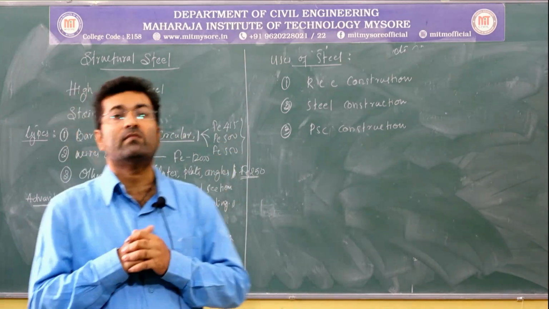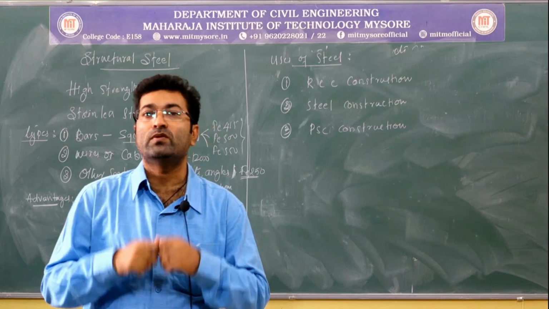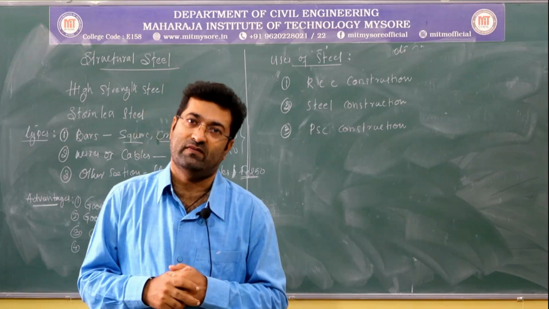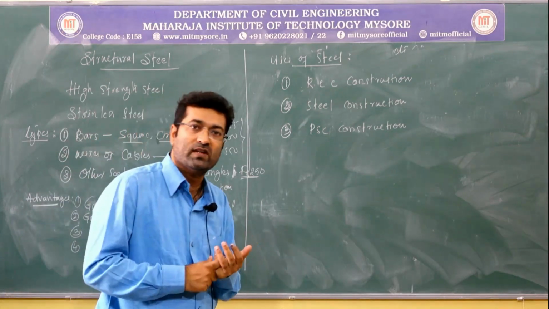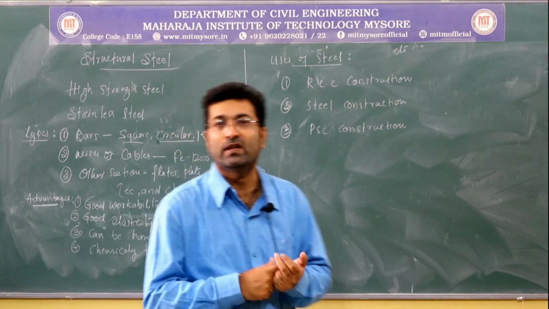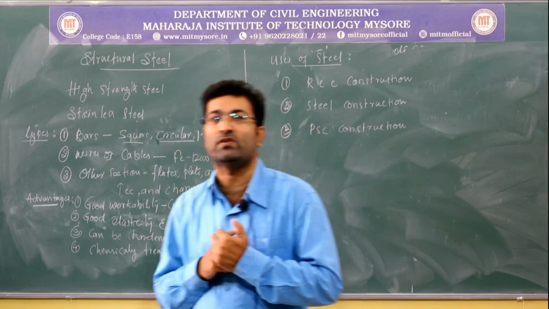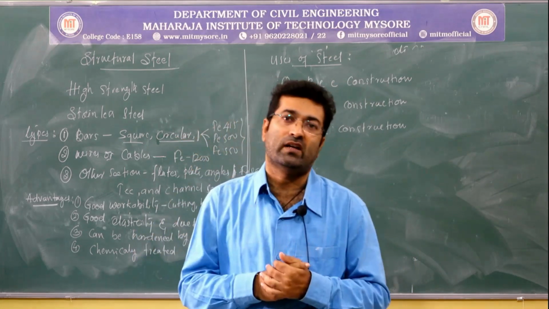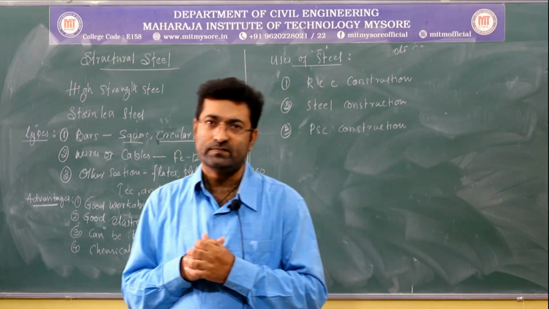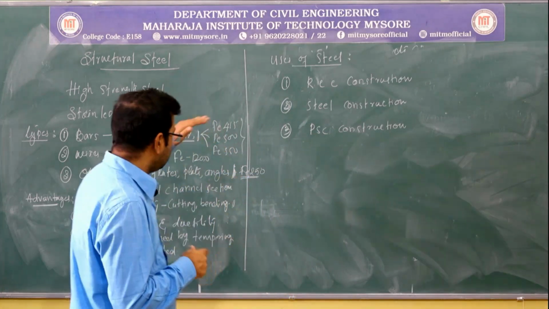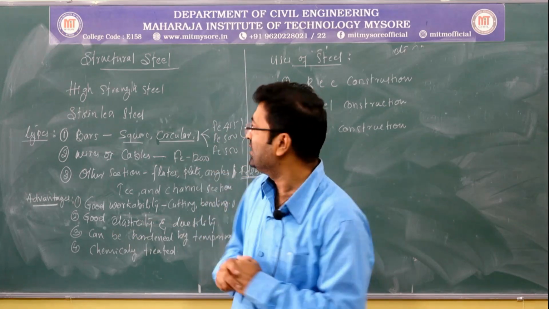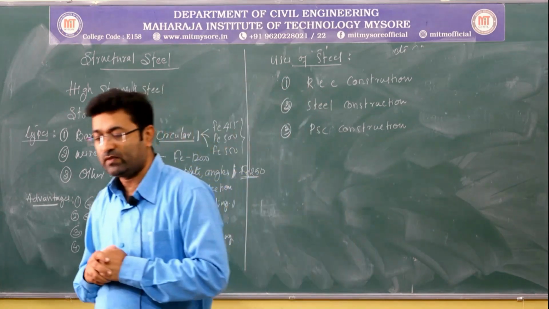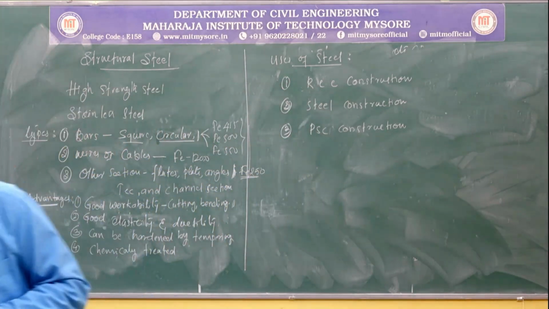Here, in case of PSC, we use the wires or cables for the tensioning purpose. Either PSC, it may be a post-tensioning member or it may be a pre-tensioning member. In both the situations, we use wires or cables, right. So, this is some basic, brief information about the steel which we use in the construction, right.